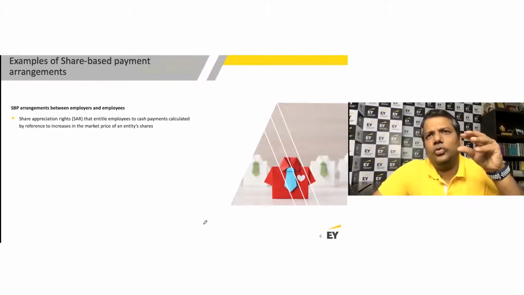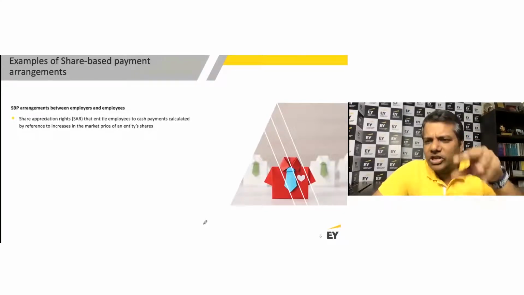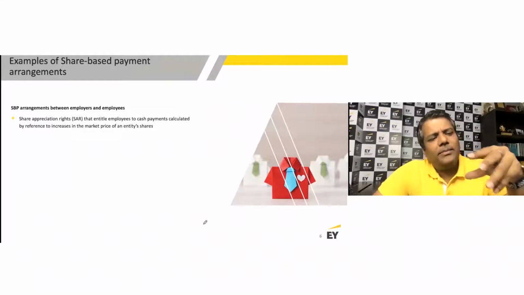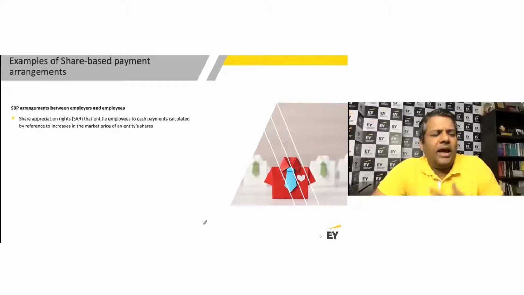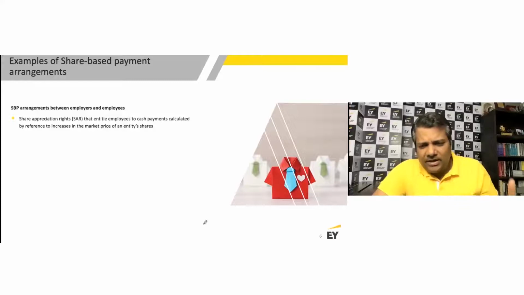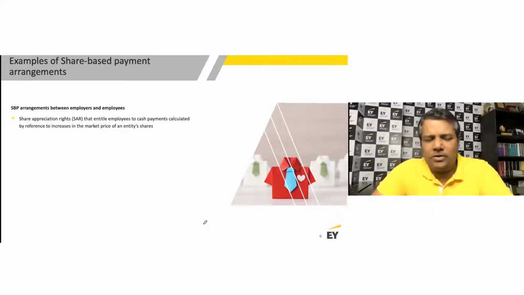The key for you to say that it is a share-based payment arrangement is that the payment has to be linked to the movement in the share price of the company. As an employee, I should benefit if there is an increase in the share price, or I may lose out if there is a decrease. Similarly, from a company perspective, there has to be a benefit from an increase or a decrease in the share price of the company.